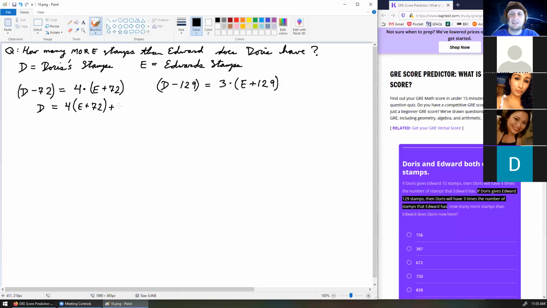Plus, right, because we're adding 72 to both sides. Okay, I'll be completely honest with you guys. When I did this on my own, I accidentally made it minus 72. And I got the wrong answer. And I had to go back and do it over and found, oh man, I just did a stupid sign flipping error.